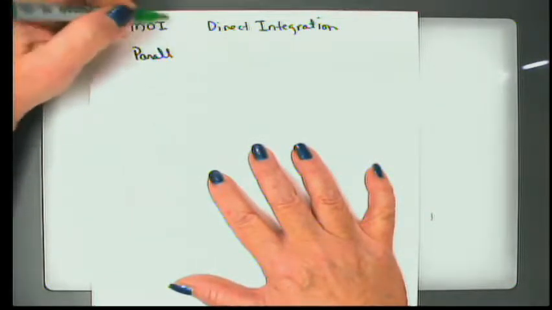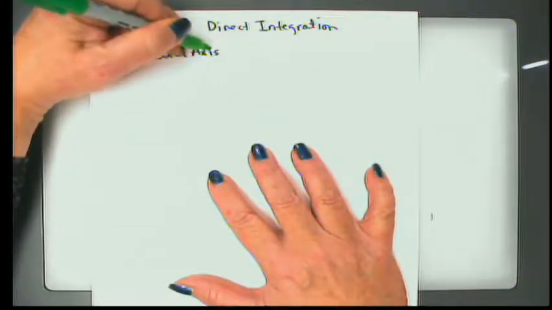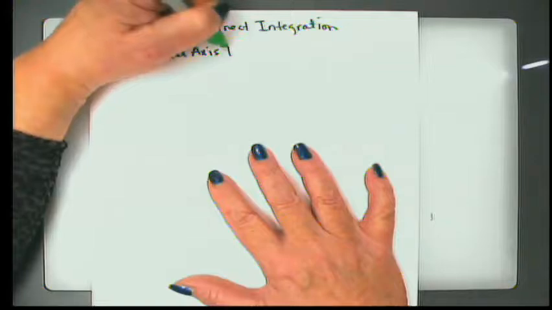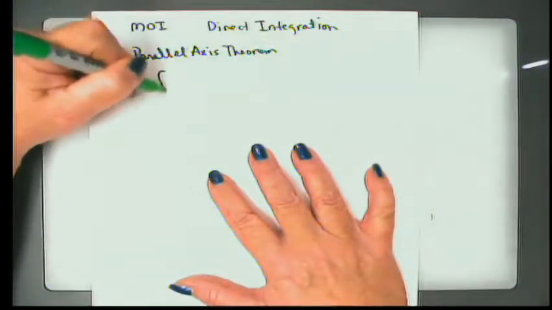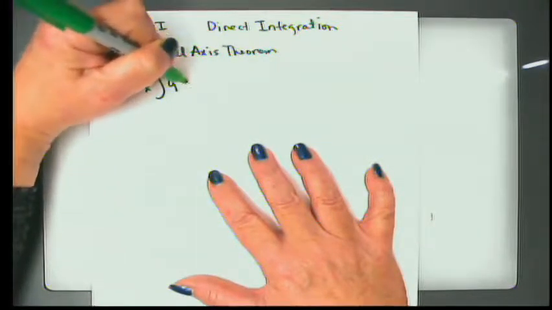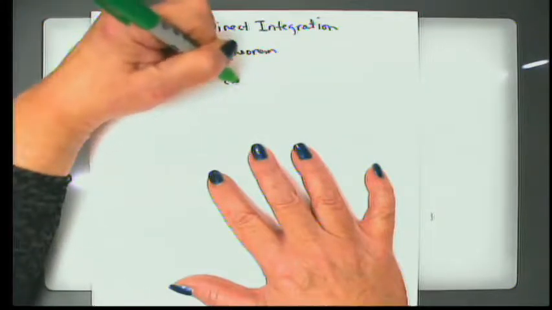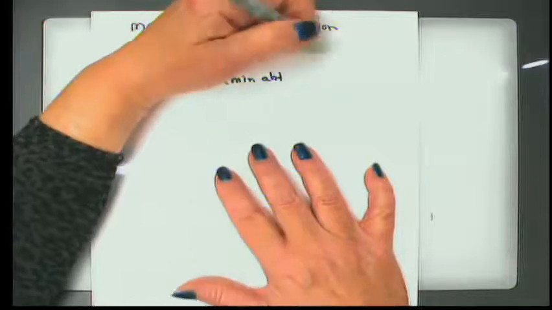Now, if you recall, we had said that the moment of inertia of an object with some shape is never equal to 0, but that it is a minimum about the centroid, about the object's or the shape's centroid.